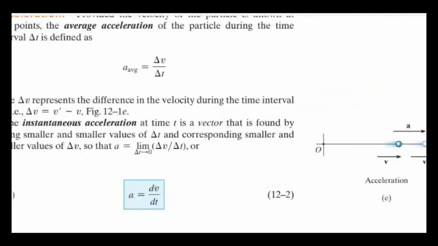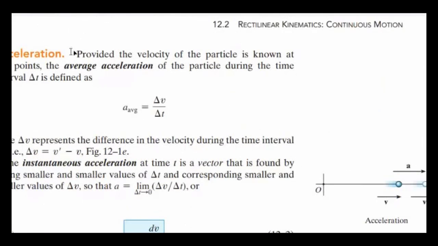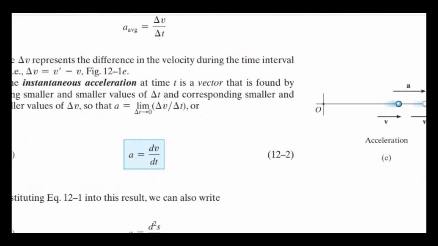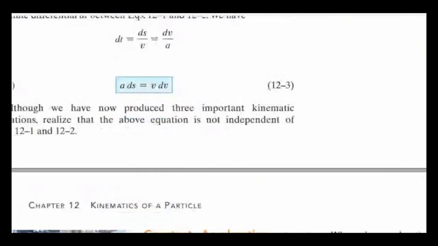Then we have average acceleration, delta V by delta T. If velocity varies from one position to another position, then what is the acceleration? This one I guess is very easy for you now.